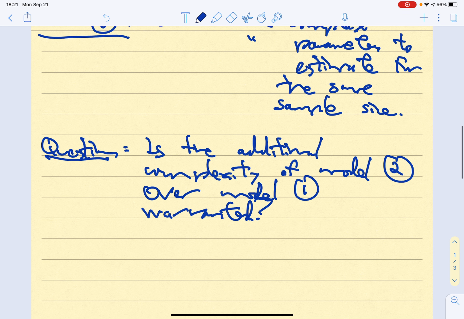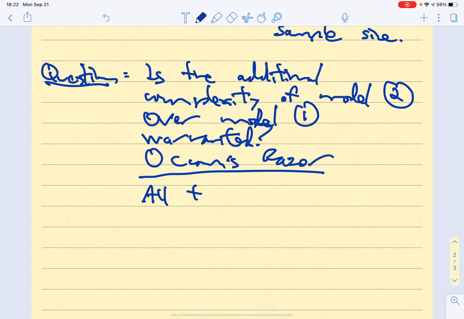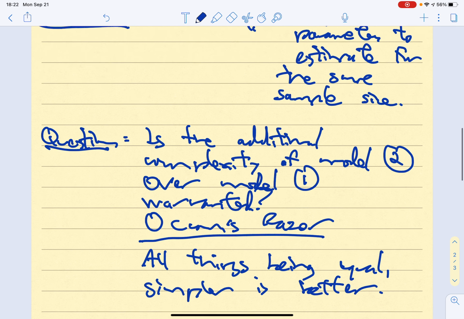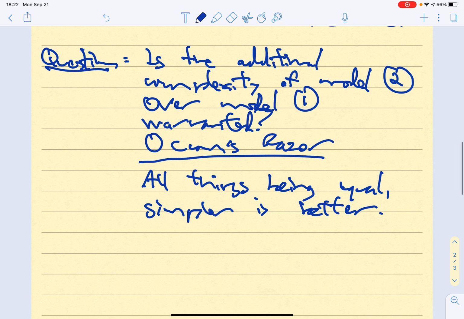And that basic principle is Occam's razor. Occam's razor states that all things being equal, simpler is better. Meaning, I'm only going to choose model 2 if that complexity is warranted. We're going to revisit this later.